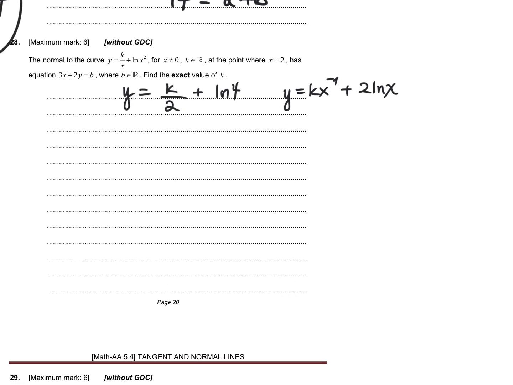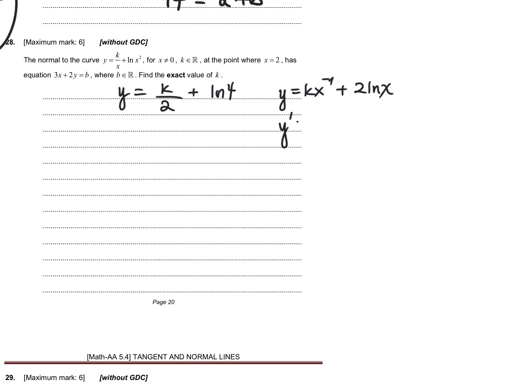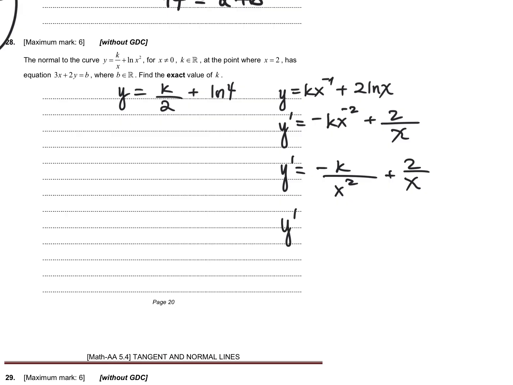So we're going to have y equals, let's just write it like this. So this is the derivative there: negative kx to the -2 plus 2 over x. Okay. So like this. Now, when x is 2, so the derivative at 2 is negative k over 4 plus 1.